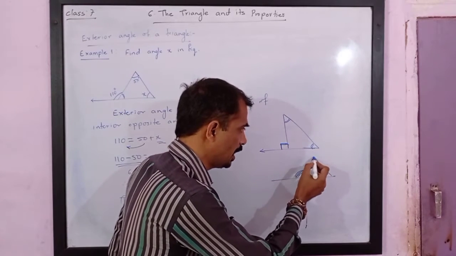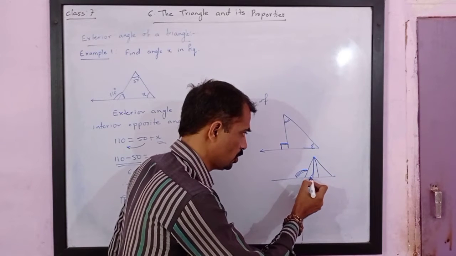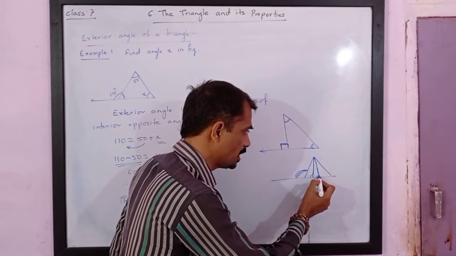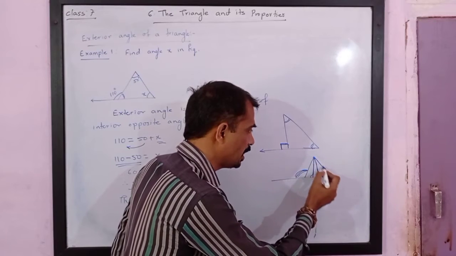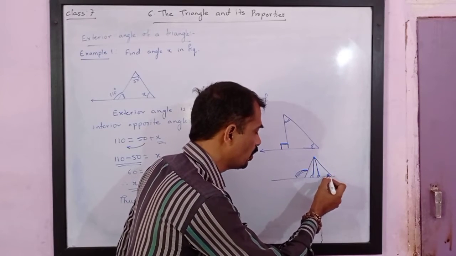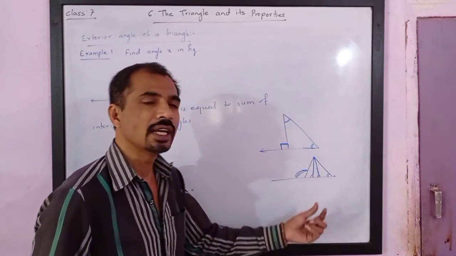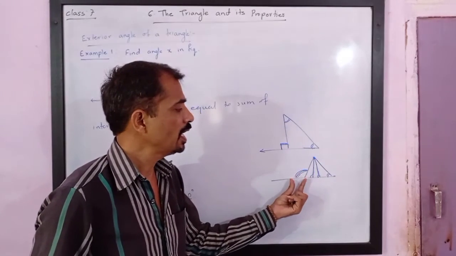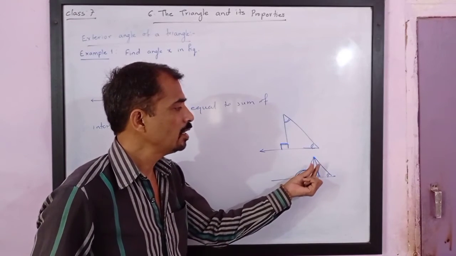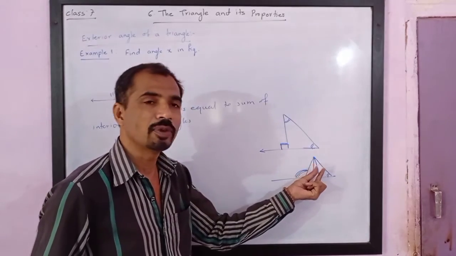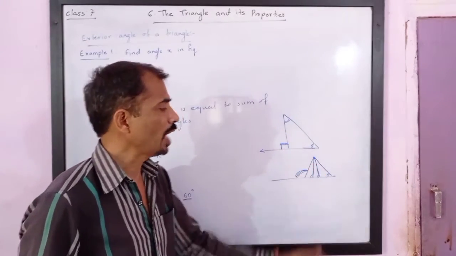But one angle is always acute. If the exterior angle is an obtuse angle, then one of the interior opposite angles is always acute.